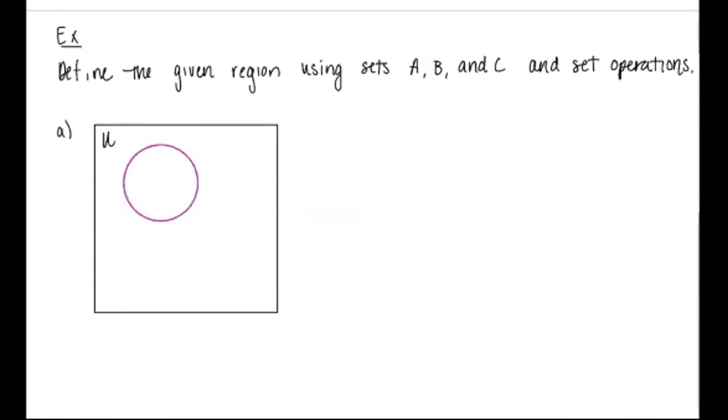So here is set A. Then we've got set B. And then set C down here. And the first region we're going to talk about, let me write the numbers in here.